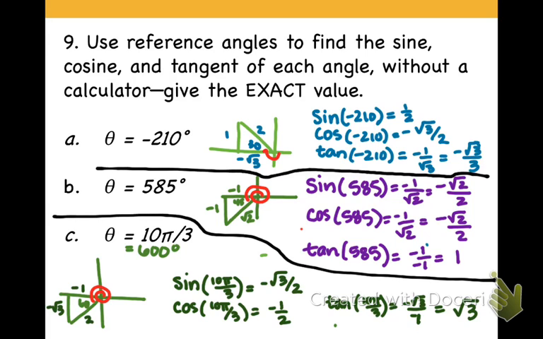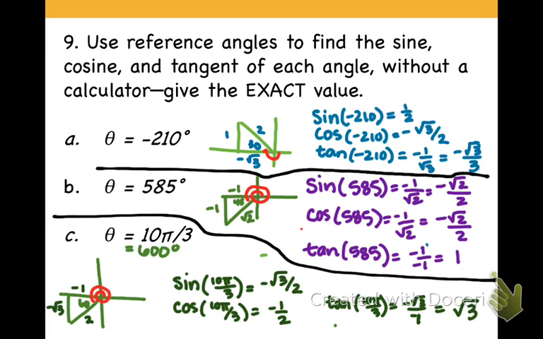For 585, that is more than 1 revolution. That is 225 degrees more than 1 revolution. So that puts us all the way into the third quadrant after going all the way around. And we have a reference angle of 45. So my 2 legs are both 1, but because they are to the left of the origin and below the origin, both the horizontal and vertical legs are negative.